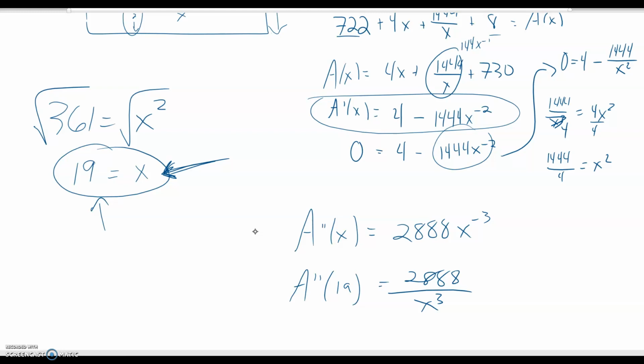I care if it's positive or negative. This clearly would be positive. Cube 19, and then divide 2888 by that result, and everything's positive. So that's positive, which means the function there is concave up. Combine that with the fact we have a critical number here at x equals 19, then that means it's got to be a minimum. Okay, so we verified that.